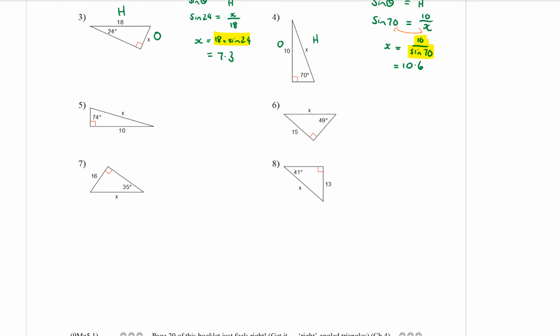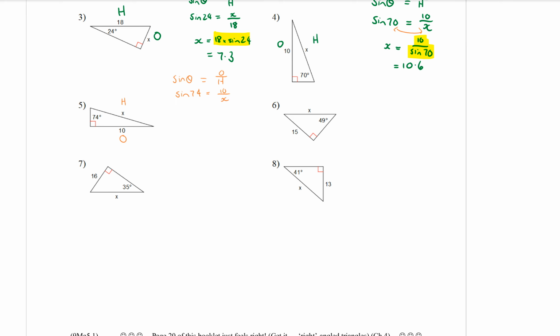We have across from the right angle, that one's going to be the hypotenuse. Across from my 74 degrees is the opposite. And I write down my formula. Sine theta equals opposite over hypotenuse. Substitute in: sine 74 equals opposite, which is 10, over hypotenuse, which is the x.